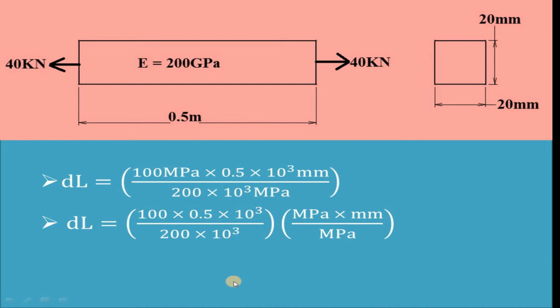Here 100 into 0.5 into 10 power 3 whole divided by 200 into 10 power 3 is 0.25, and megapascal into mm whole divided by megapascal is mm, because megapascal gets cancelled. So the next step will be dl is equal to 0.25 mm, which means the deformation induced in the square bar is 0.25 mm. By using this value, we are going to find the value of axial strain.